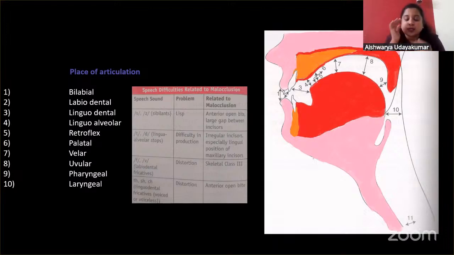In a similar way, you can memorize this image with wordplay: labiodental, labium meaning lip, and dental. Linguoalveolar, posterior, lingo means back of the teeth. Palatal, where the palate comes into action. Pharyngeal, laryngeal, these are places of articulation and we can determine with that. When you see that image, you can actually understand.